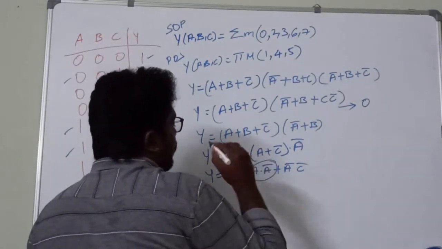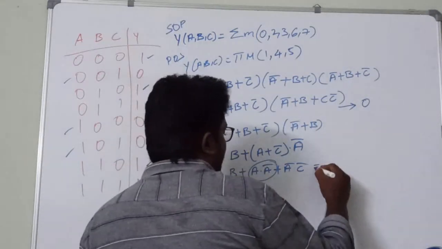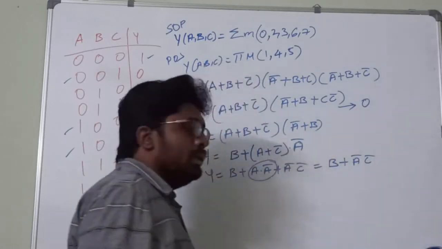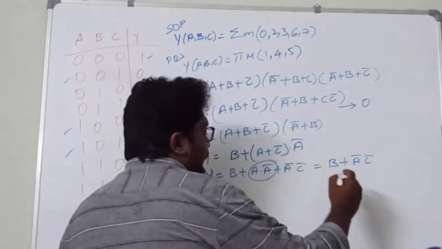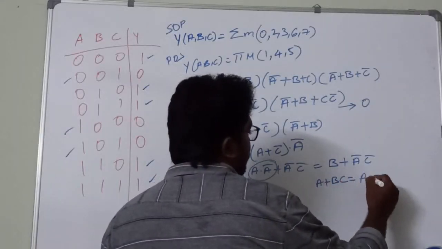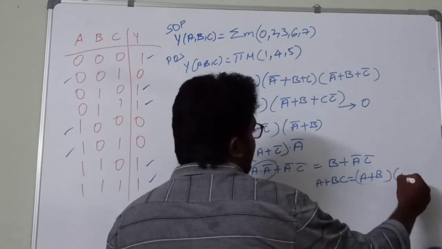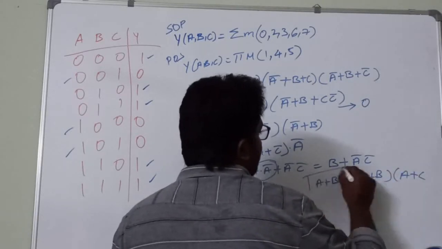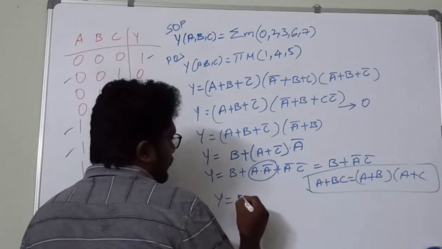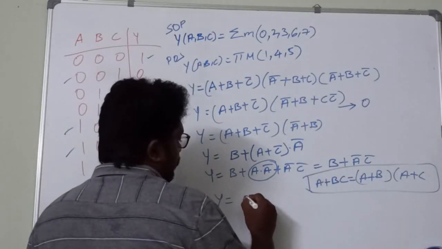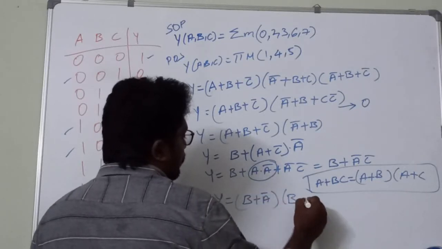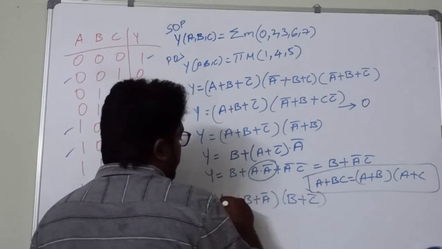So A into A complement will become 0. So the expression becomes B plus A complement into C complement. So by using the distributive law, A plus BC is equals to A plus B into A plus C. By using this distributive law, the expression becomes y is equals to B plus A complement into B plus C complement.